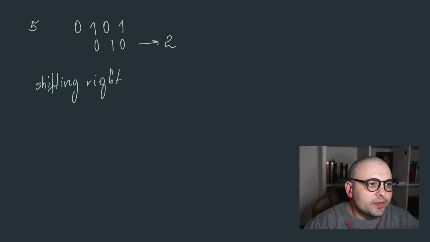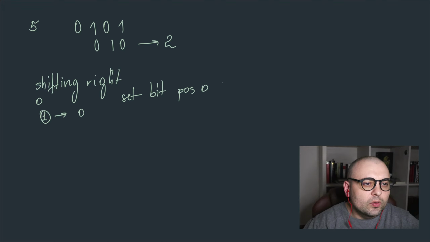Assuming now we have the last bit 1, index being 0, we can invert it, it'll be 0. We can set bit position 0 to being 0. We shift again.